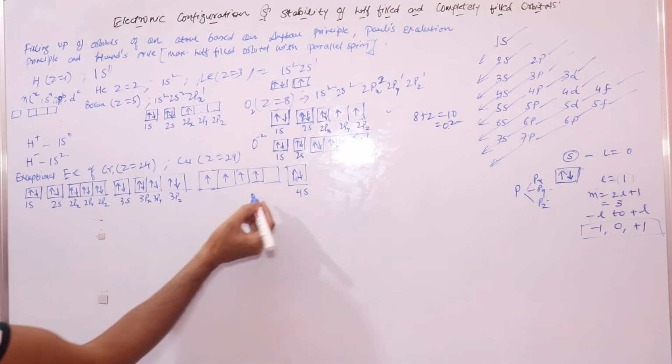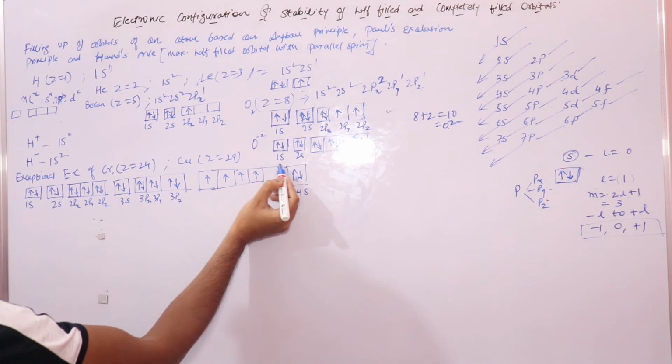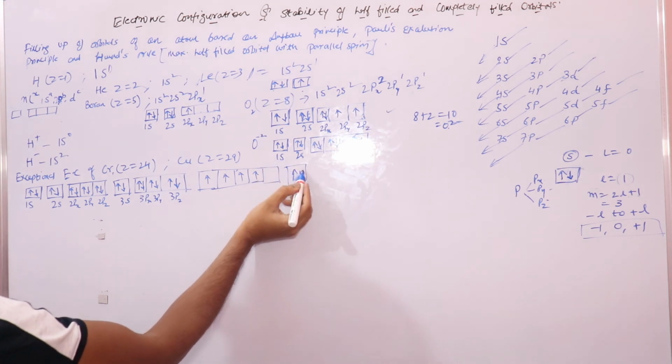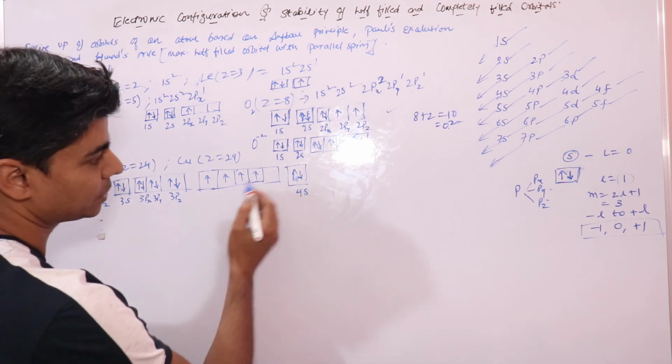This is the d orbital which is empty. So the electron from 4s will move to the d orbital, from lower energy to higher energy. This is what is the exception, right? An electron will shift from a subshell of lower energy to a subshell of higher energy. We know that d is a subshell of higher energy.